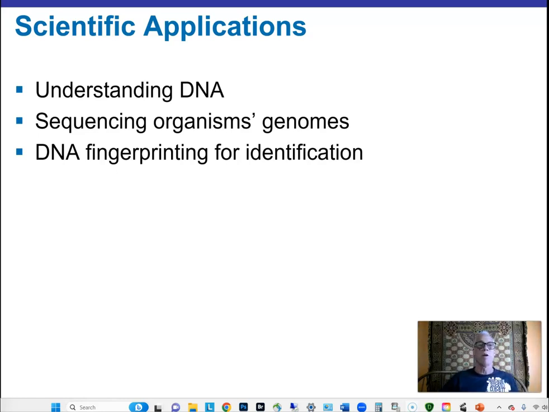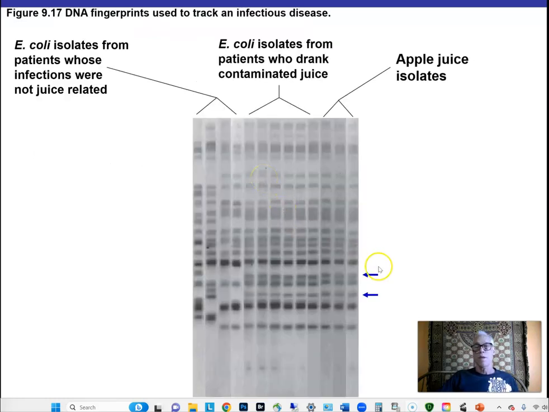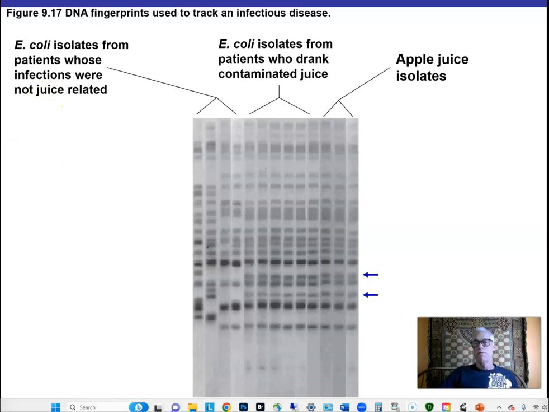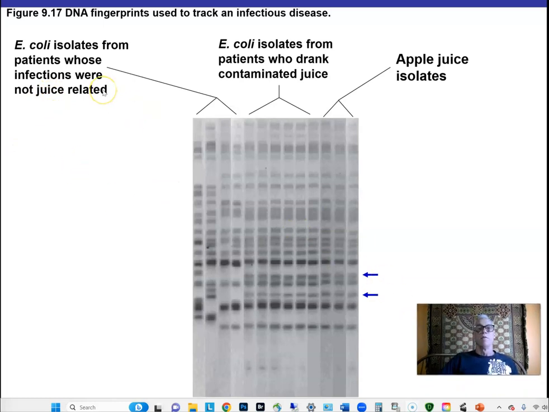DNA fingerprinting we'll talk about briefly. DNA fingerprinting is a strategy for looking at small differences in nearly identical DNA. We'll take the genome from two different sources, say, two different individuals, cut them up with restriction endonucleases into relatively largish pieces, and then we'll separate them by a method called gel electrophoresis.